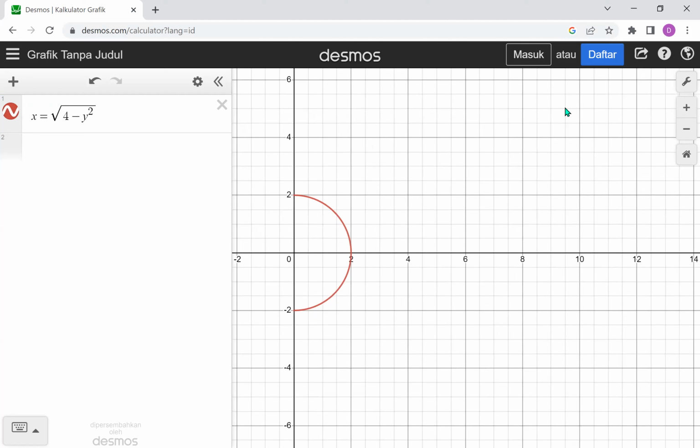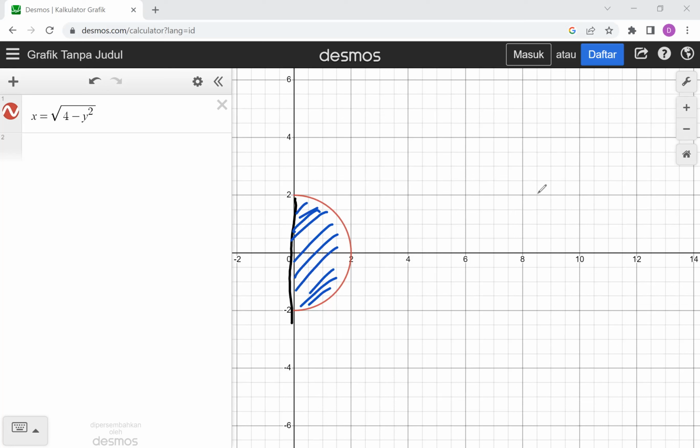The region is bounded by this curve and also the y-axis. So the region is this one, right?